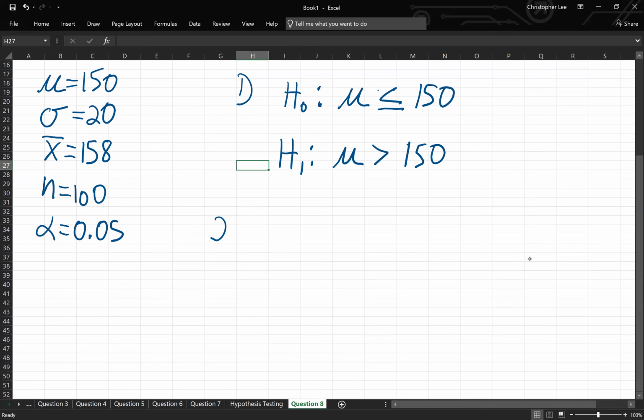Step 2. What kind of test is this? Z test. Very good. And then what's the formula? X bar minus mu over sigma over the square root of n. This is all in chapter 9 on your formula sheet. All right? Plug in the numbers.